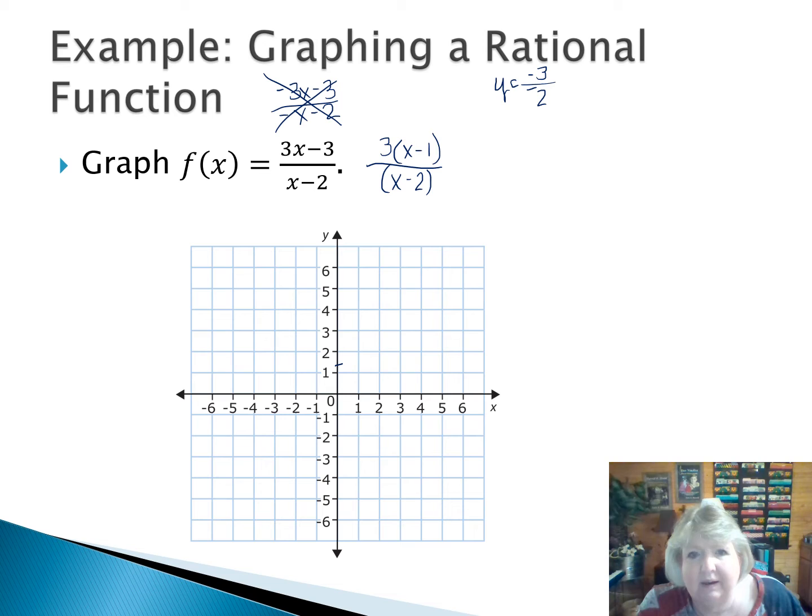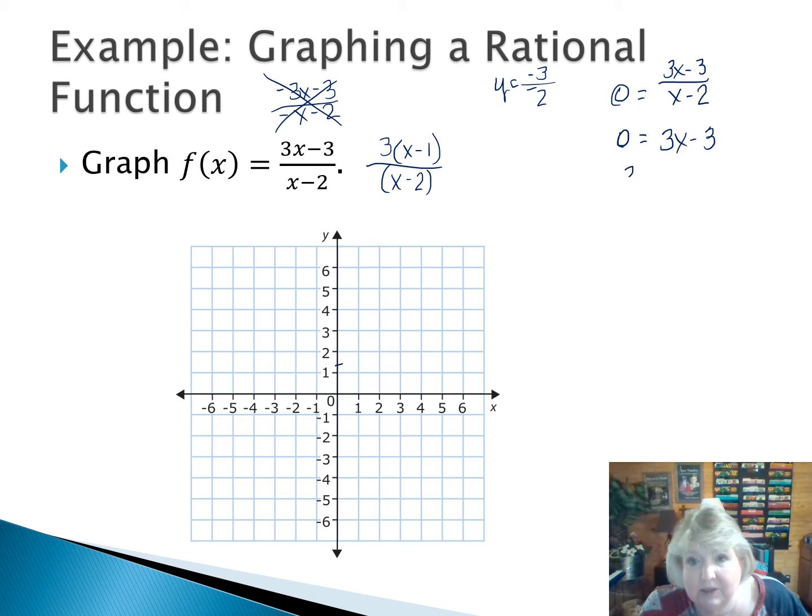Then for my x-intercept, I'm going to let f of x be 0. Technically, I'm going to multiply both sides by x minus 2. But in all reality, the only way you're going to get 0 for a fraction is if the numerator is 0.